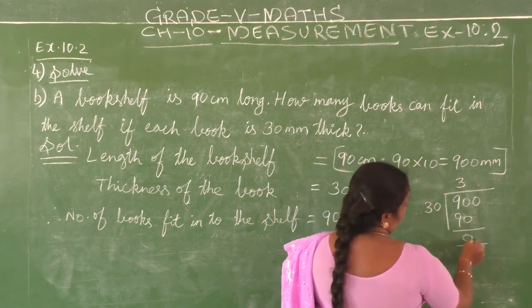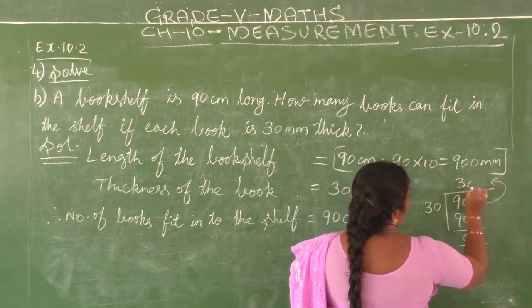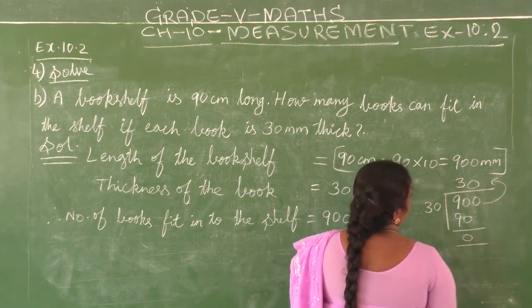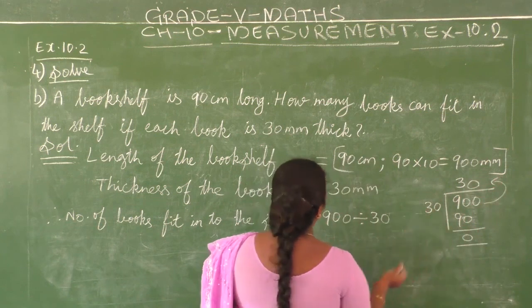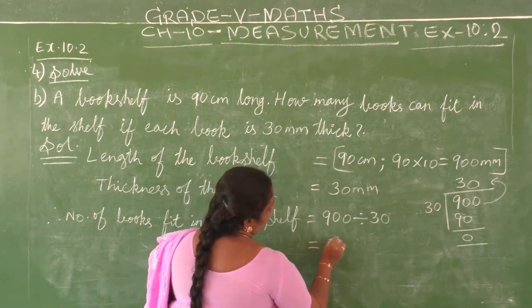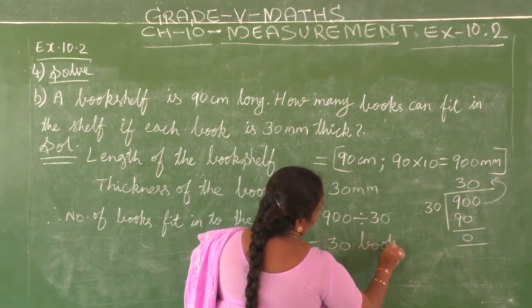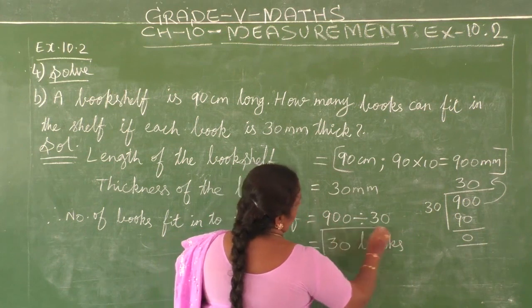So no need to bring down the 0. This 0 will automatically go to the quotient. Now we find out how many books we can fit into the bookshelf. 30 books we can fit into the bookshelf. That's all.